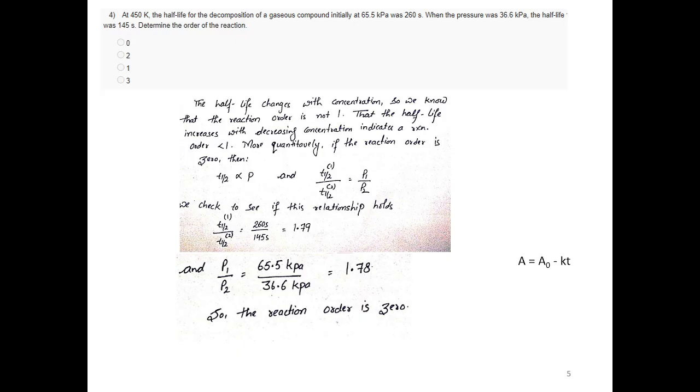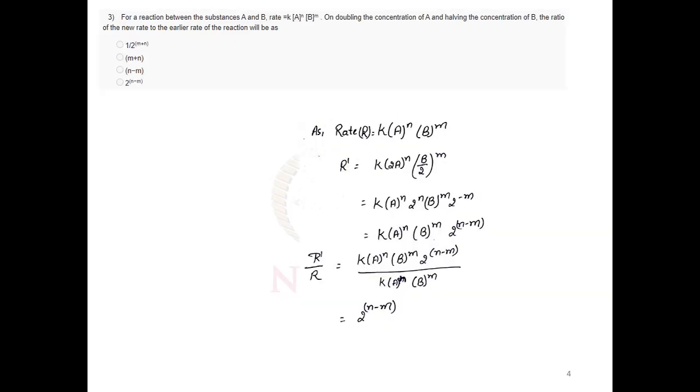By choosing the order of the reaction you can get the value of the order. And another type, you need to calculate the ratio of the new rate to the earlier rate of the reactions. So these are very important and useful questions which can be asked in CSIR NET.